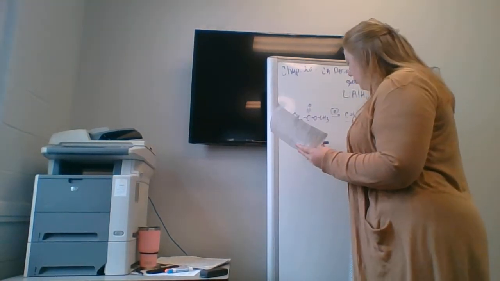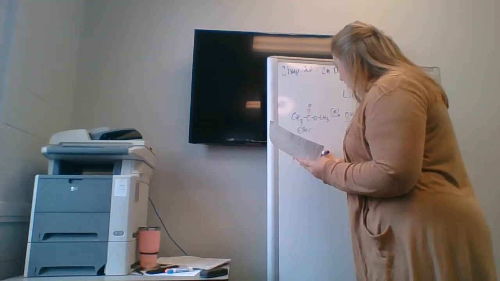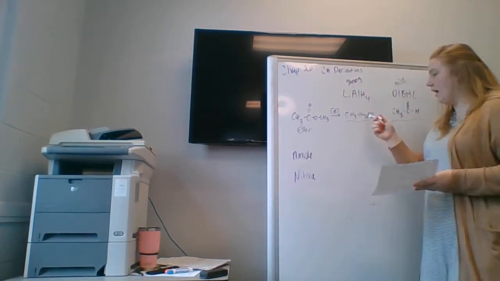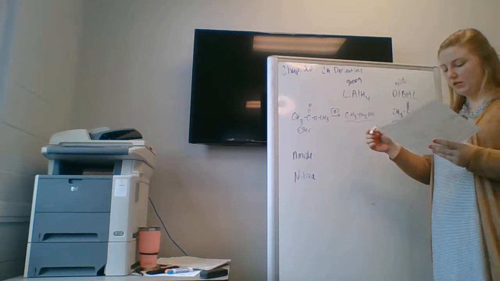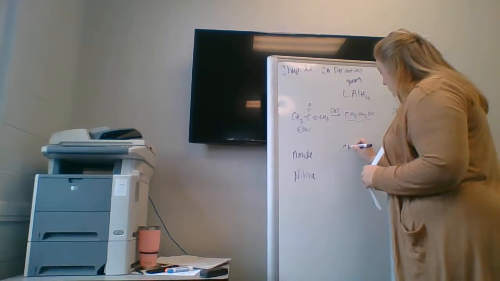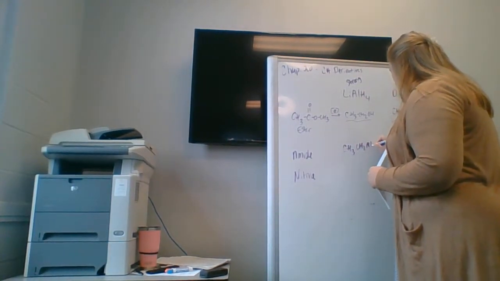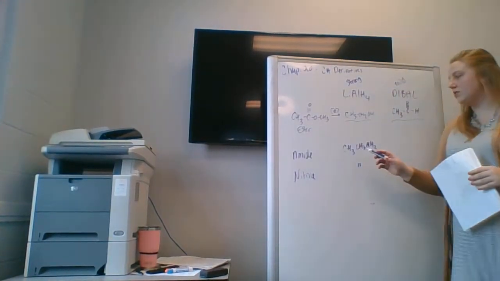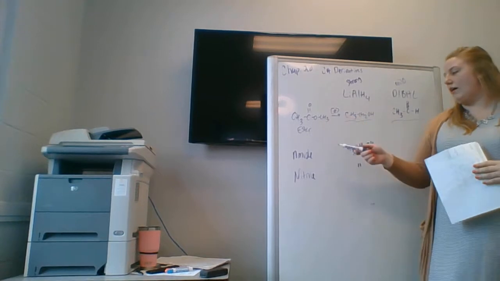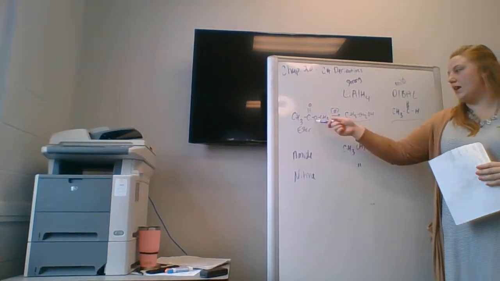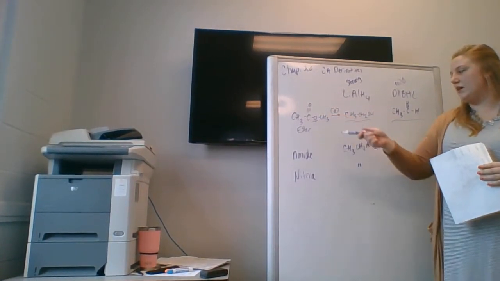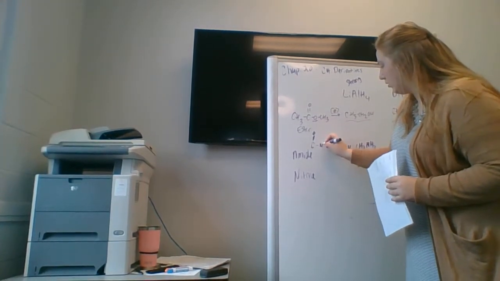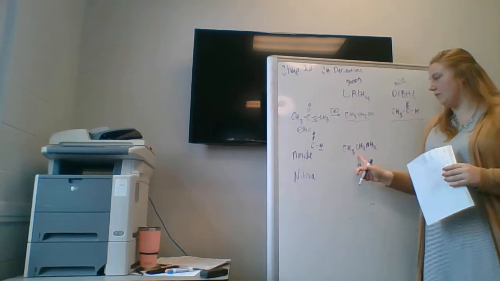If we're using an amide or a nitrile, instead of an alcohol, we're going to be creating an amine. And really that's just because instead of this oxygen being left over, our nitrogen is going to be left over here.